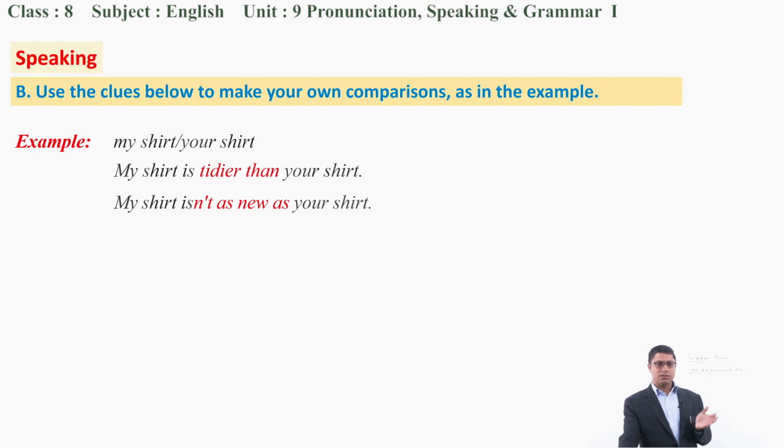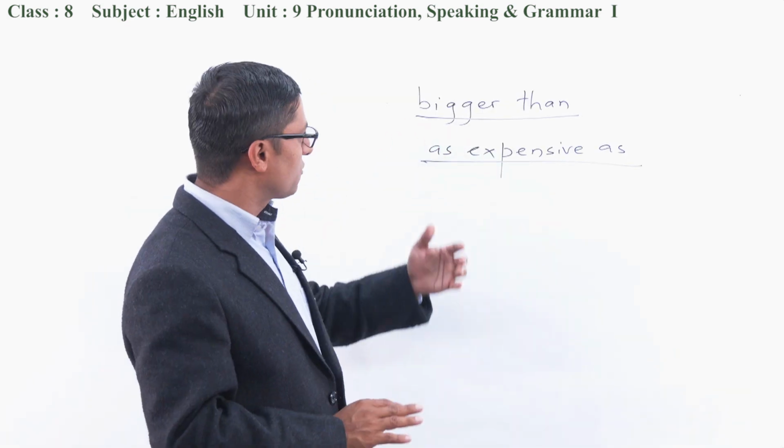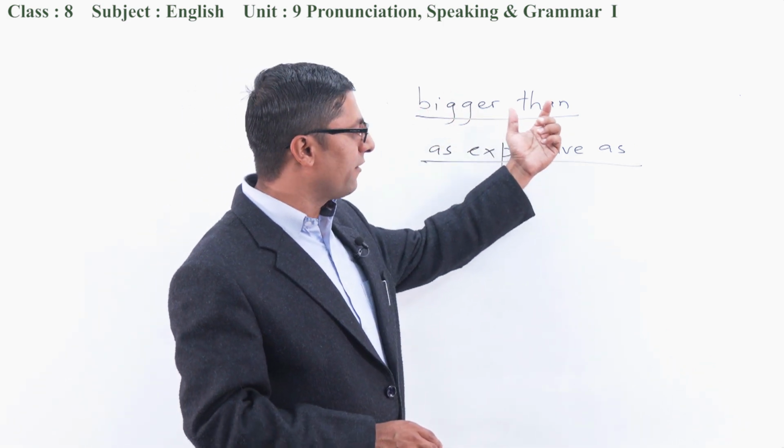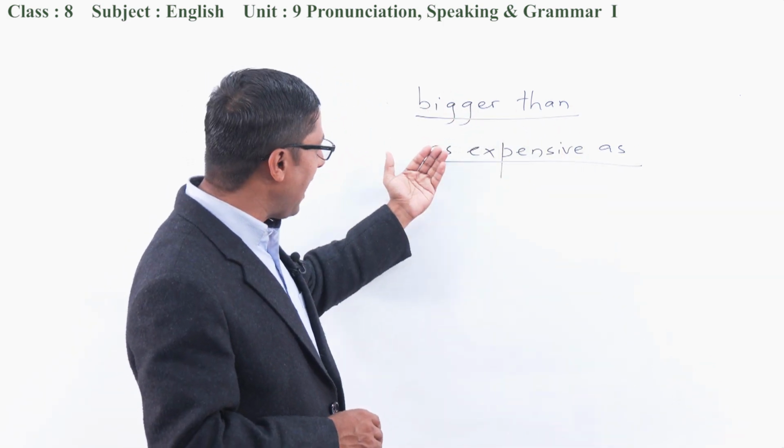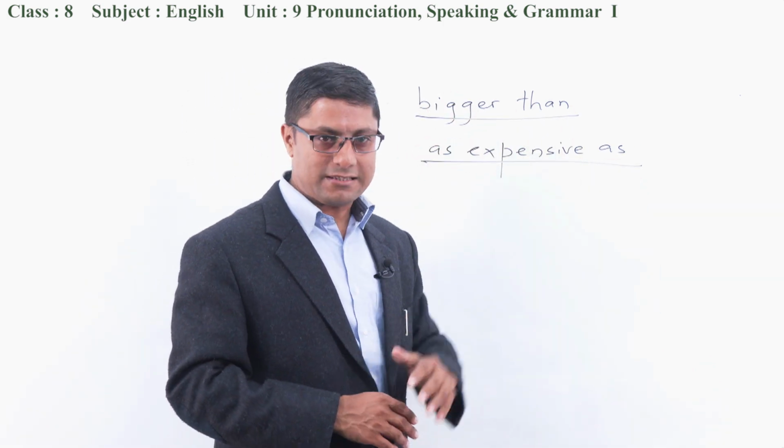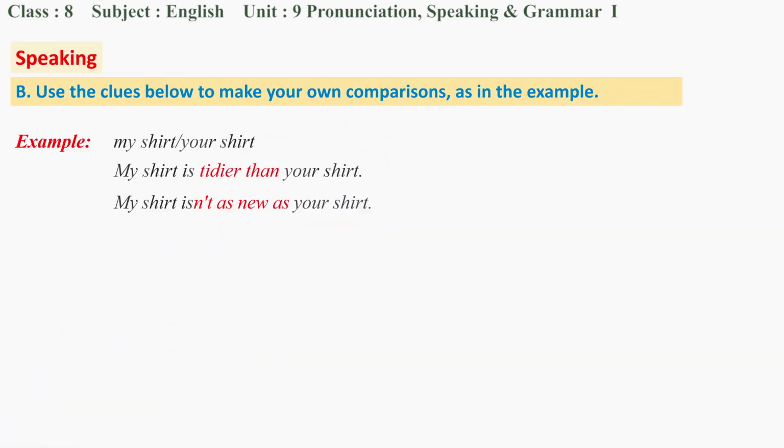My shirt, your shirt. See the example there, and how they are compared. One using, my shirt is tidier than your shirt. Another, my shirt isn't as new as your shirt. The same way we have already written on the board. So one using comparative degree and then another using as adjective as. These are the two ways.